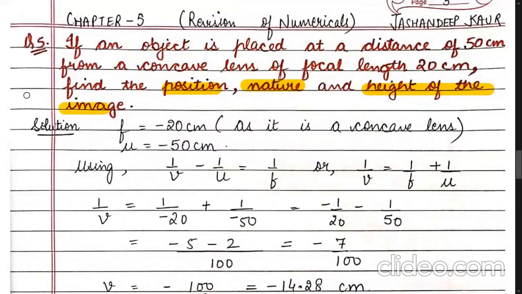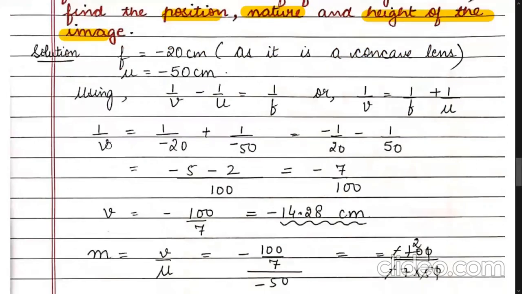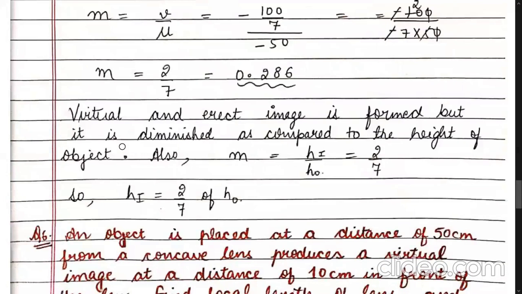But we are not provided with the height of the object. So how to write it down? We will use the formula magnification is equal to height of image divided by height of object, and the value of magnification was 2 divided by 7.